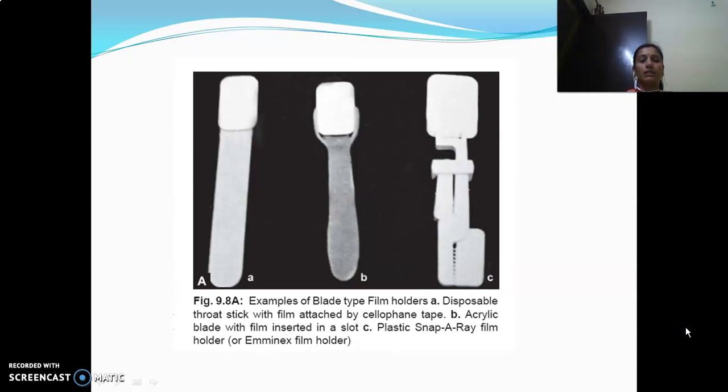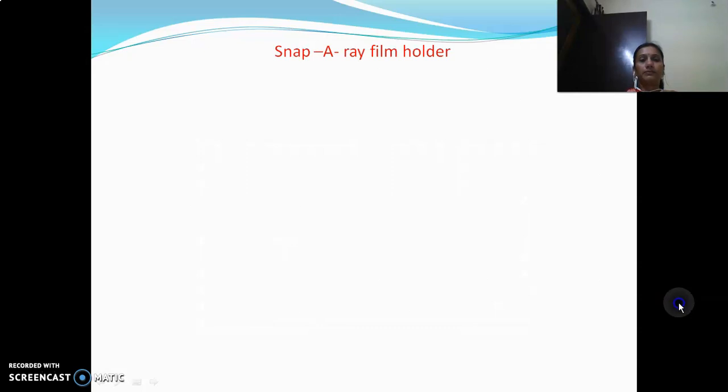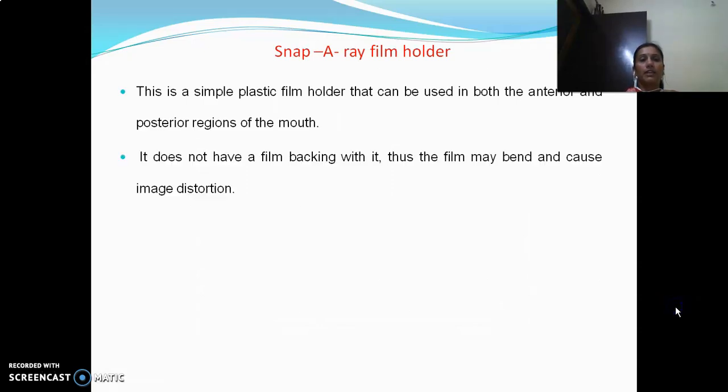The first one is a disposable throat stick with film attached by cellophane tape. Second is an acrylic blade with the film inserted in a slot. Third is the plastic snap array film holder, which is used in the bisecting angle technique. The snap array film holder is a simple plastic film holder used for both anterior and posterior regions of the mouth.